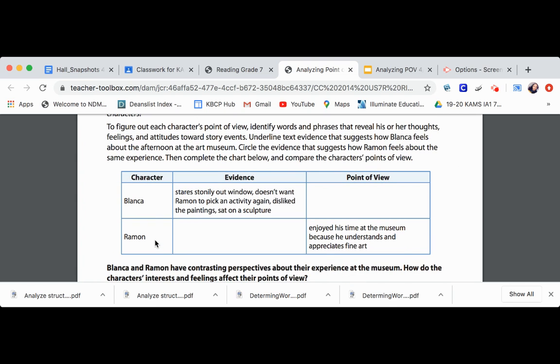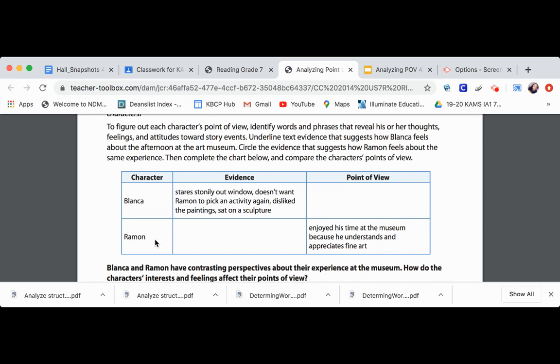We have Blanca, we have Ramon. The evidence for Blanca is that she stares stonily out of the window, doesn't want Ramon to pick the activity again, dislikes the paintings, and sat on a sculpture. Her point of view is what we're trying to figure out. Ramon doesn't have evidence yet, but he has a point of view, which is that he enjoyed his time at the museum because he understands and appreciates fine art.